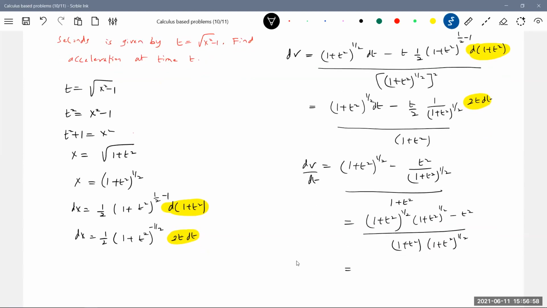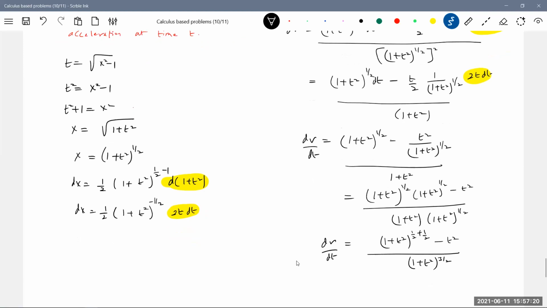Finally, 1 plus t square, 1 by 2 plus 1 by 2 will be 1, t square, so this will be 3 by 2. Now this will become only 1. Here 1 plus t square is x square, no? So everything will become 1 by x cube.